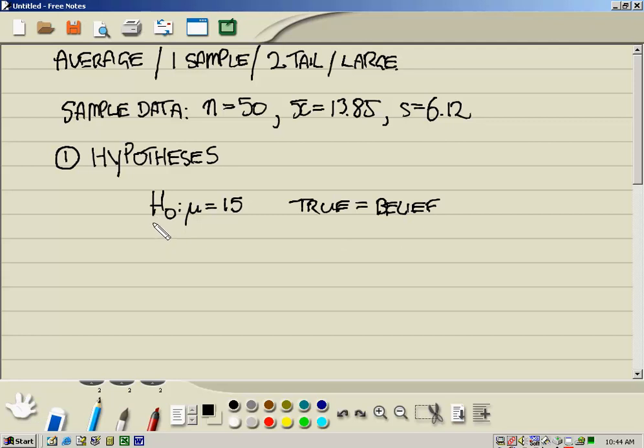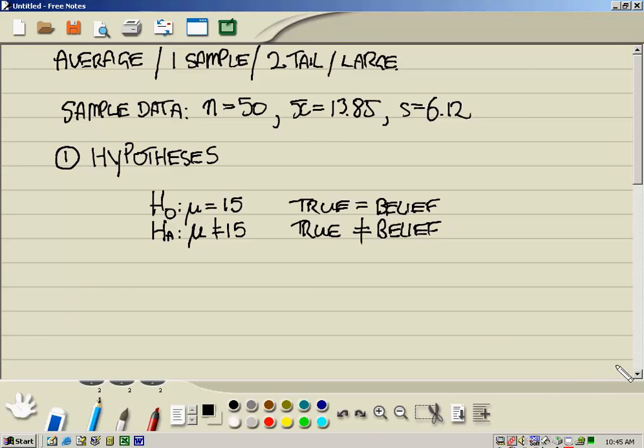Remember, the null hypothesis always must include an equal sign. Next, the complement of the null is the alternate. So mu is not 15. The reality must be one of these two. Not 2, not 0. Must be one of these. So again we can write that the true average mu is not equal to the belief. Those are the hypotheses.